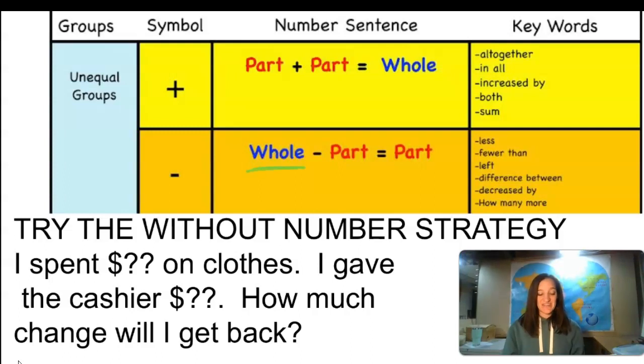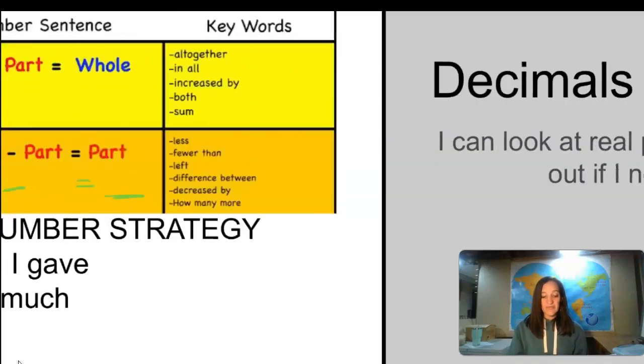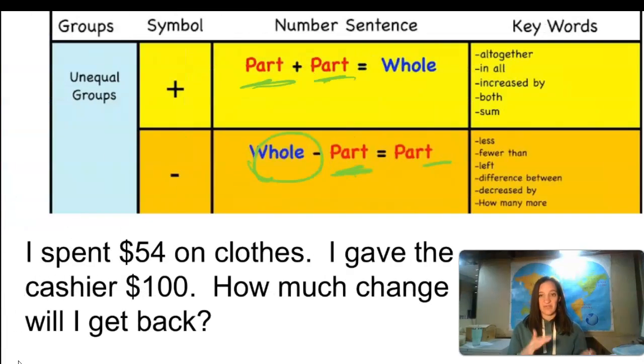So this is definitely a whole problem where I have $100. They're going to take the part for the clothes, and then I get this part back. So going back to the actual numbers, I have $100. The cashier is going to keep $54.